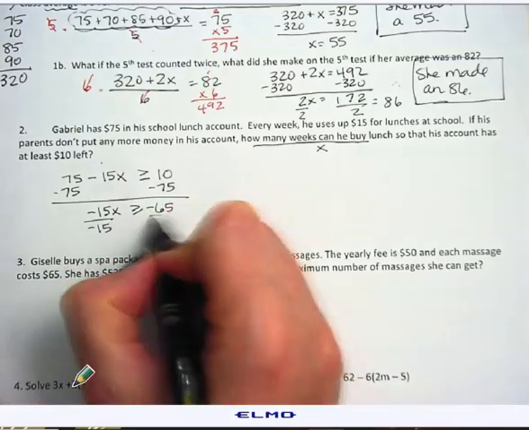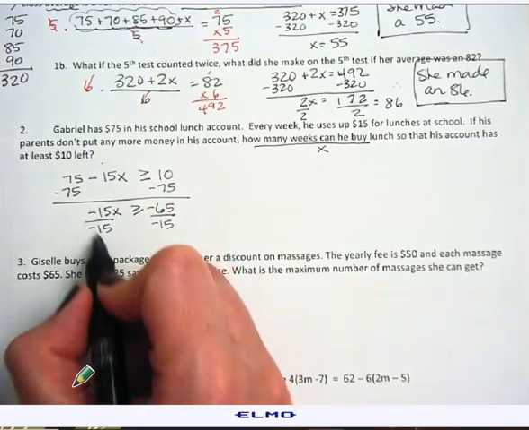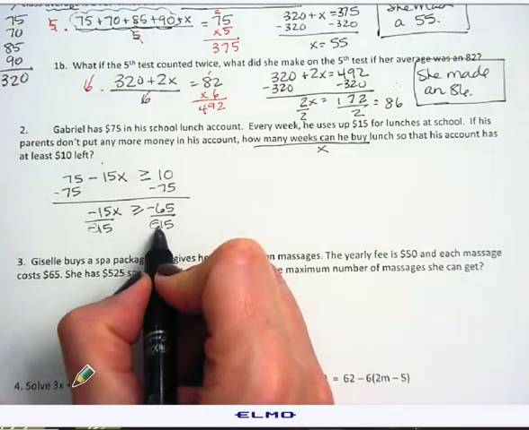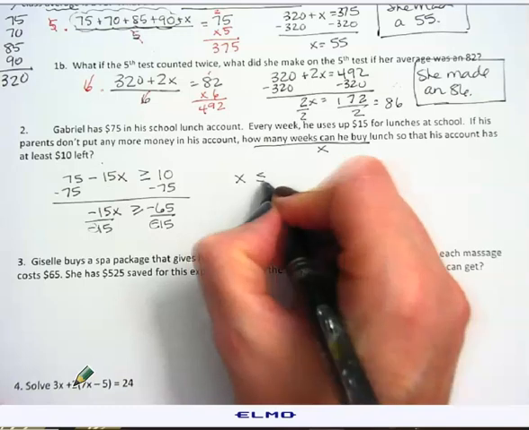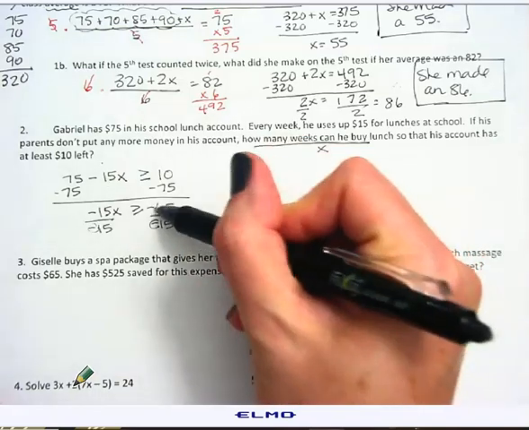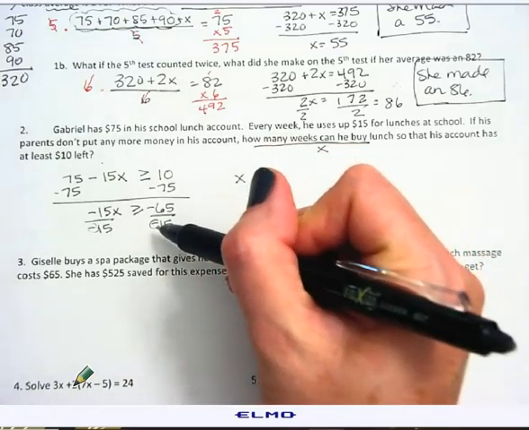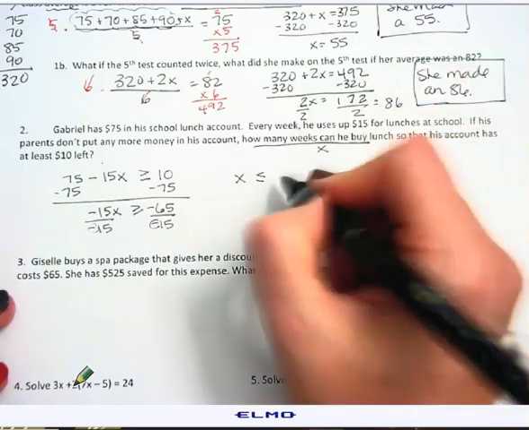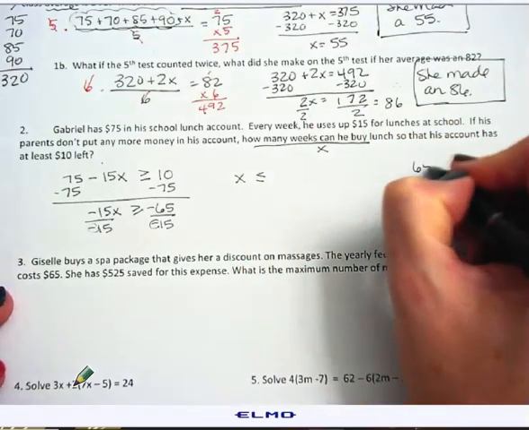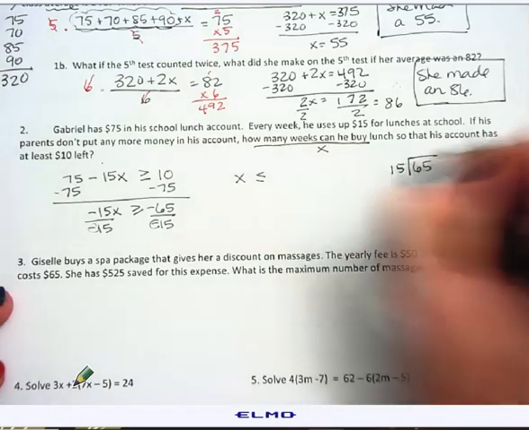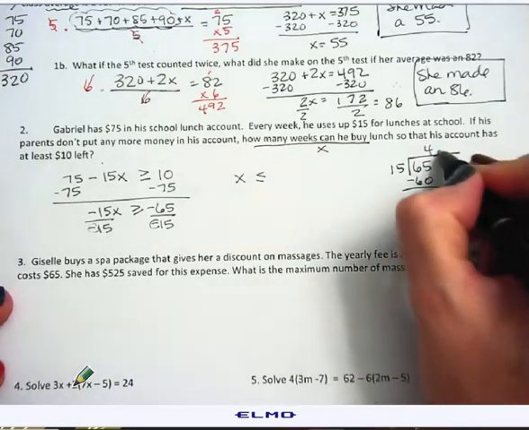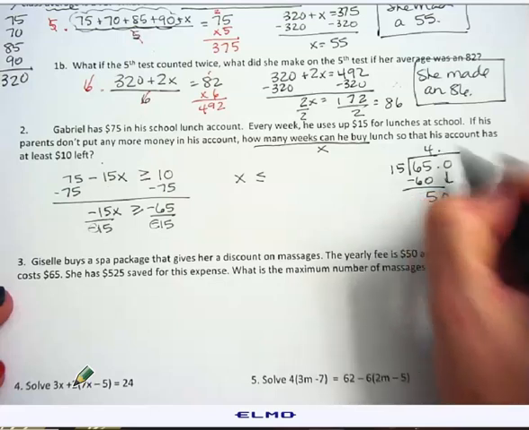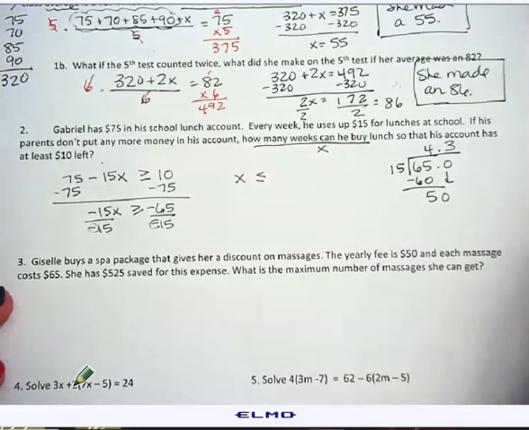Divide by negative 15. Now remember, when the number you're dividing by is negative, you're going to flip your symbol. So this will give me x less than or equal to, and negative divided by negative is positive, and 65 divided by 15 is about 4.3.